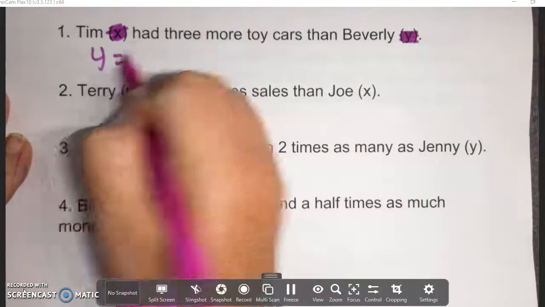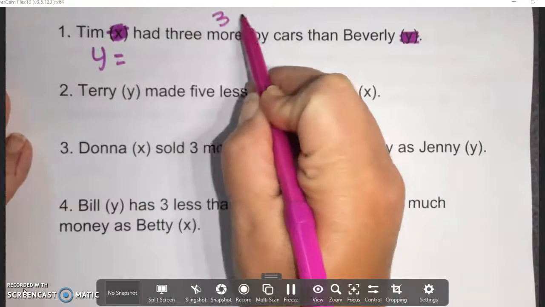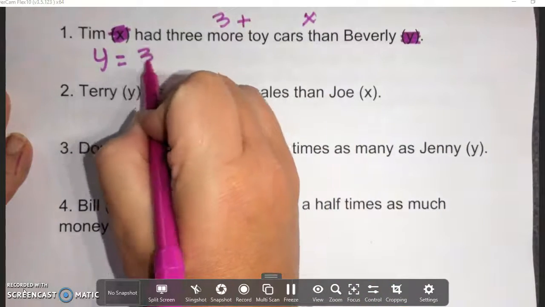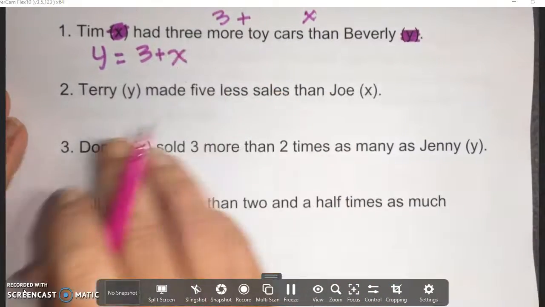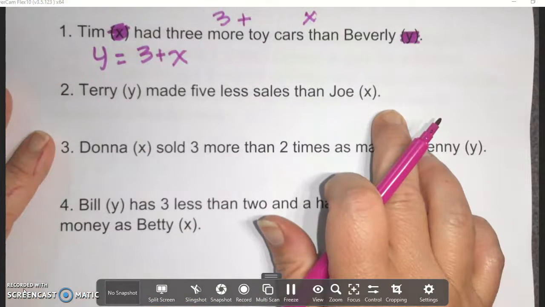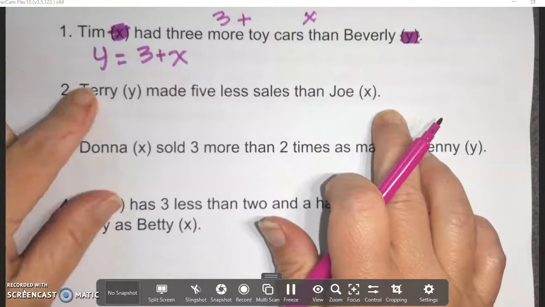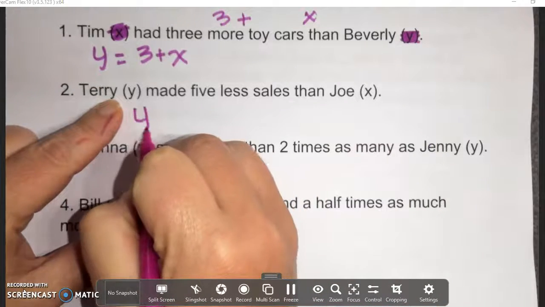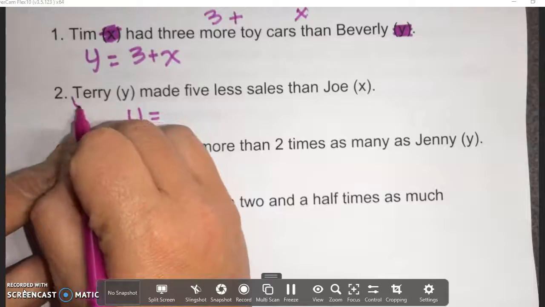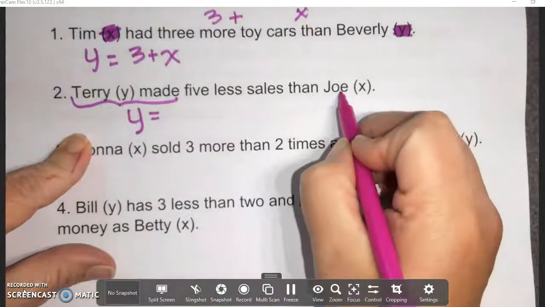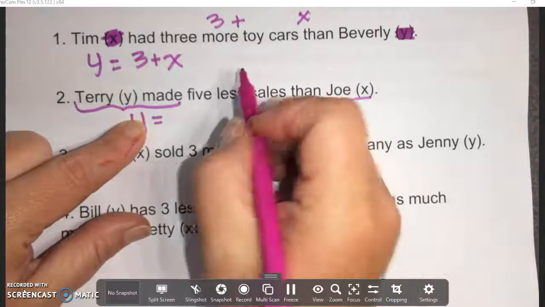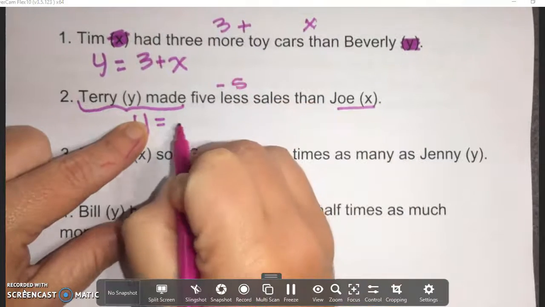So Tim's is equal to 3 more, 3 plus Beverly's, which would be X. Terry made 5 less sales than Joe. So Terry made, let's just do what it has on the worksheet, Y. That's Terry, what he made. Joe is X, but his is equal to Joe's minus 5.